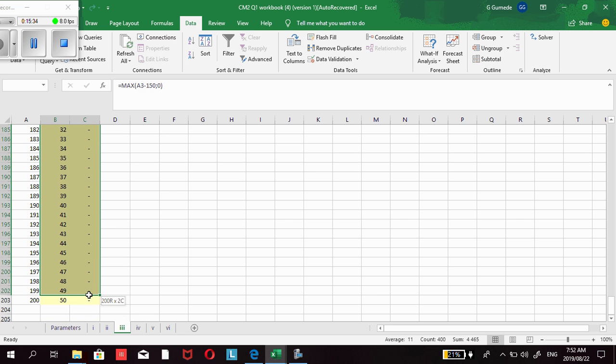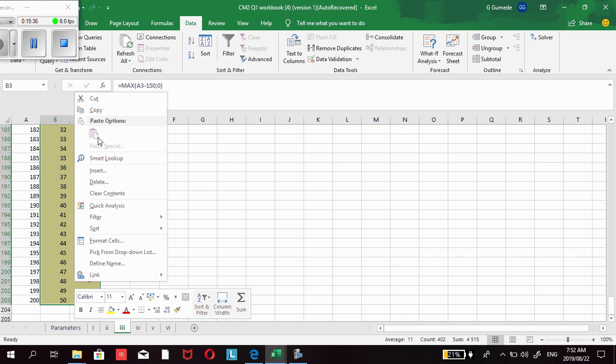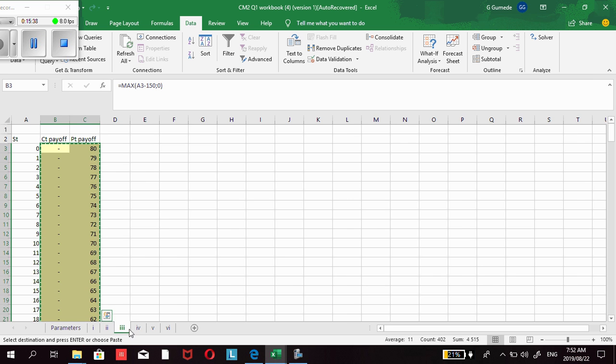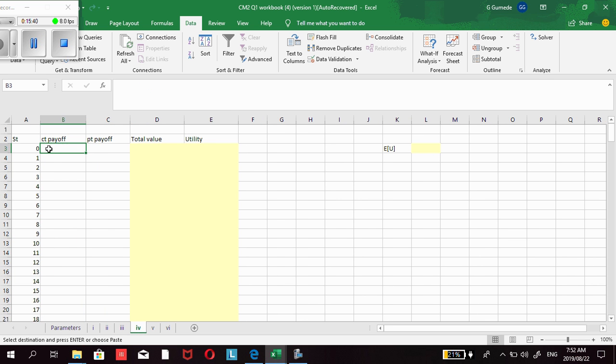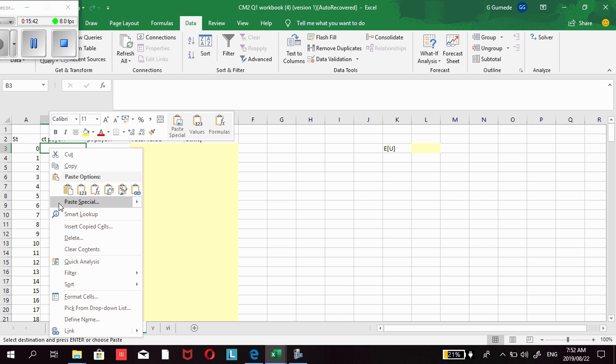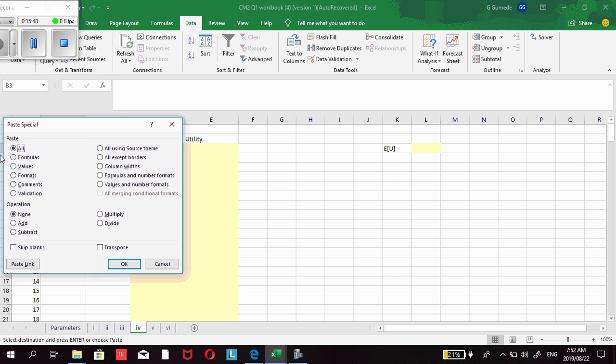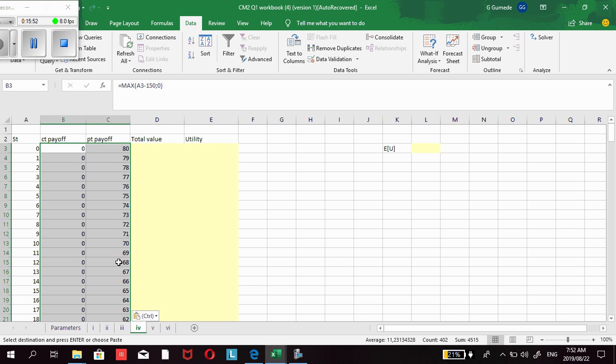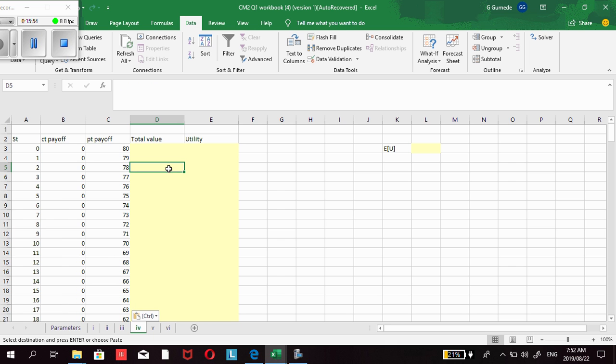So I press copy, then I come here and paste, but I need to press paste special, because I want everything, even the formulas. I'm going to press OK, and there are my payoffs.